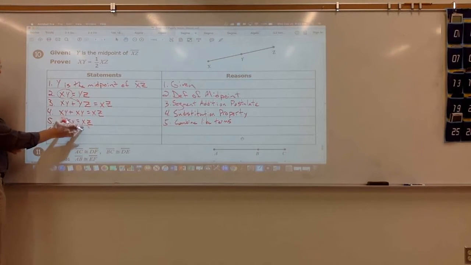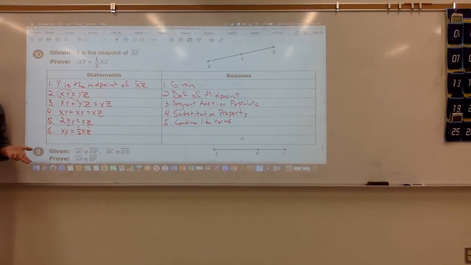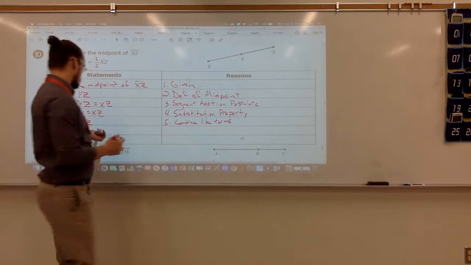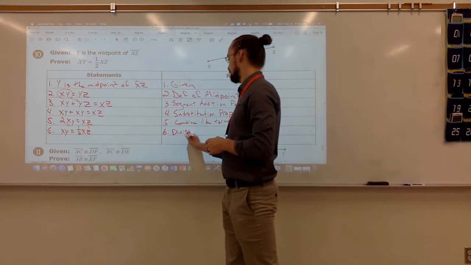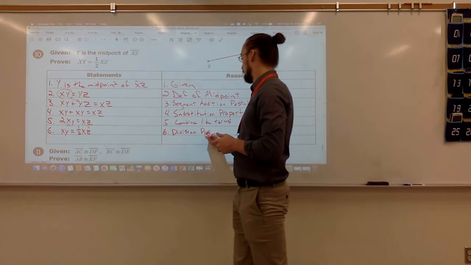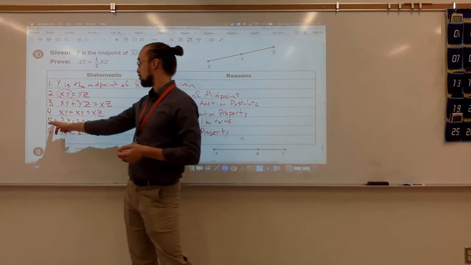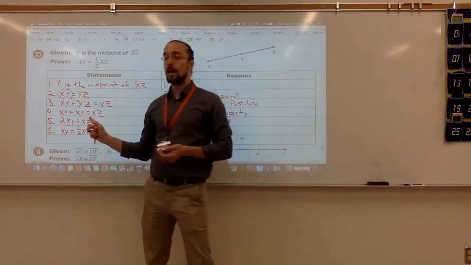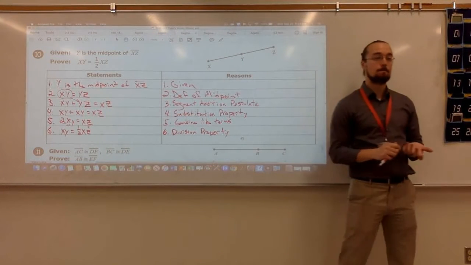So instead of writing it as xz over 2, I could write it as 1/2 xz. That's the same thing, right? So this was division. Now instead of dividing by 2, we could have also multiplied both sides by 1/2, right? So we could say that this was multiplication property as well.